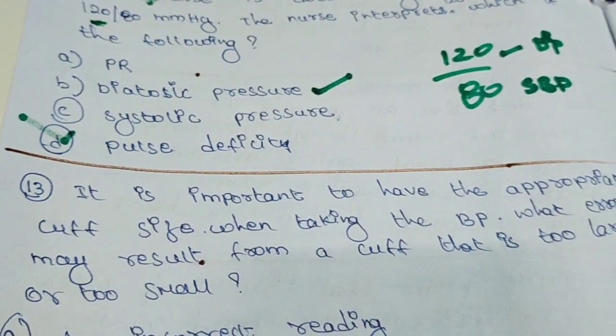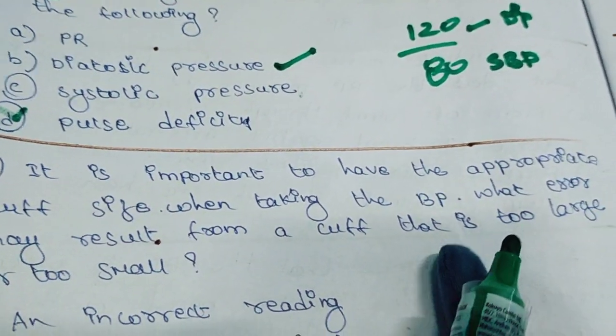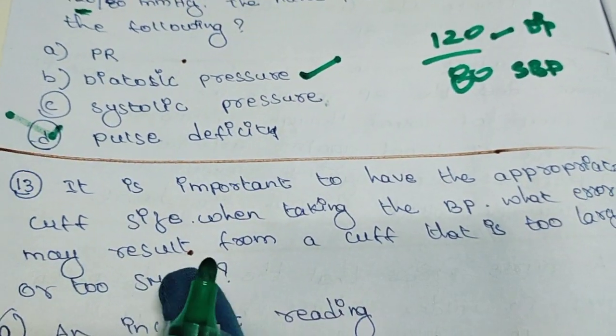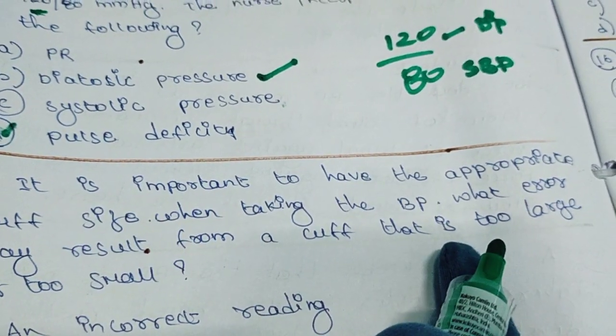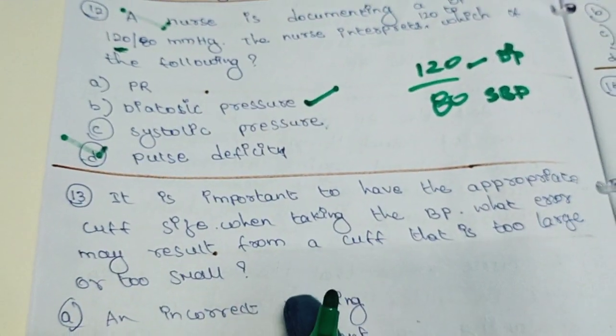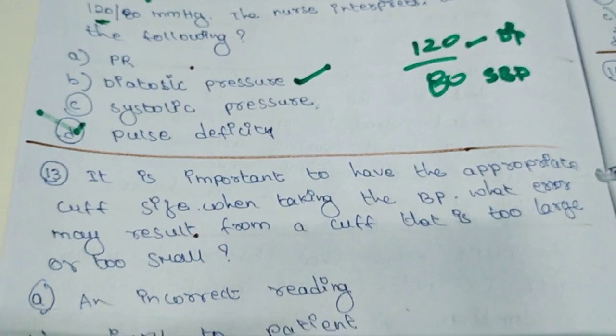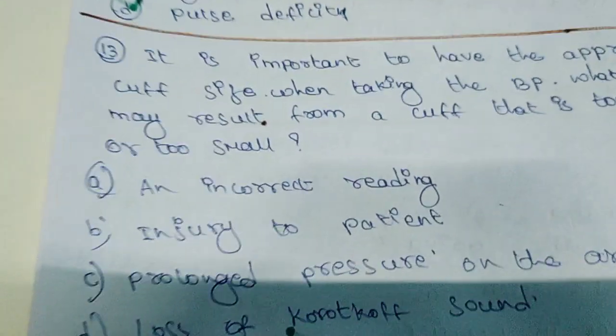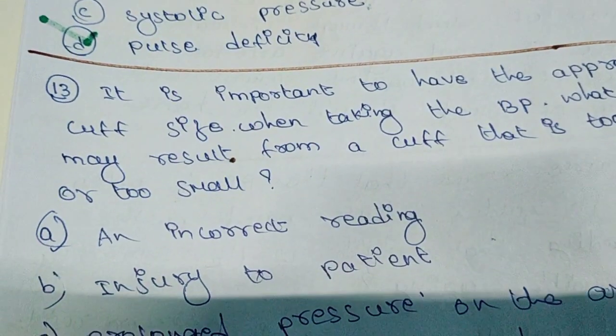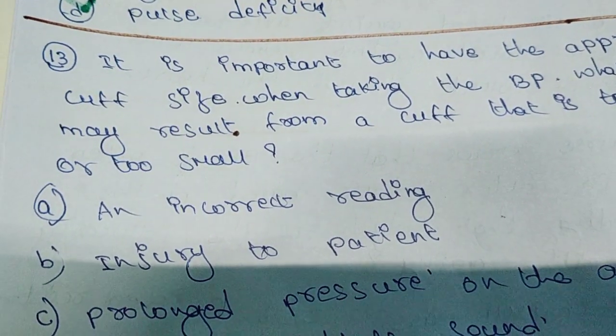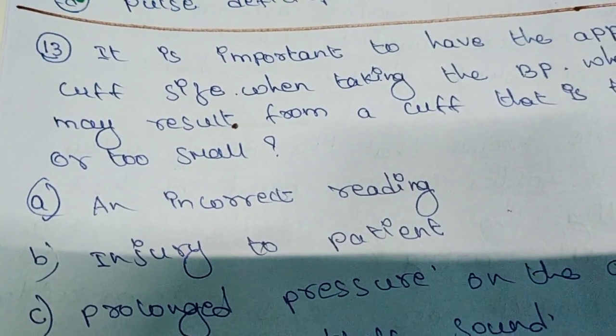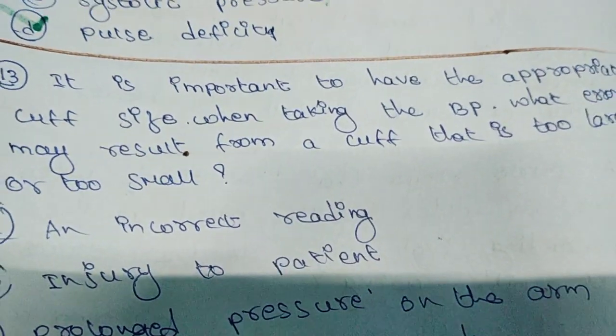Okay, the next question. It is important to have appropriate cuff size when taking blood pressure. What error may result from a cuff that is too large or too small? When we are measuring blood pressure, the cuff size should be appropriate. It should cover at least 80% of the arm circumference of the patient. If not, what happens?